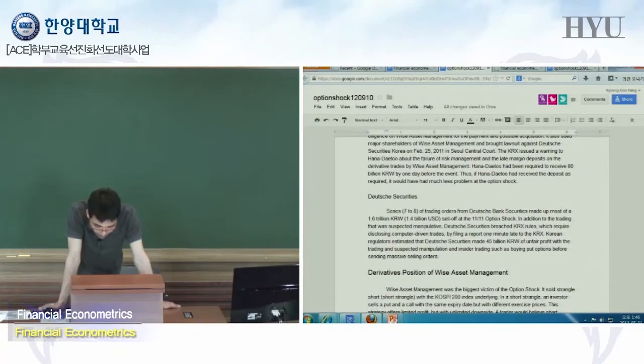Okay, so it is kind of minor. But anyway, Korean regulators estimated that Deutsche Securities made 45 billion Korean won of unfair profit with the trading and suspected manipulation and insider trading, such as buying put options. Okay, so it is exactly what I thought.